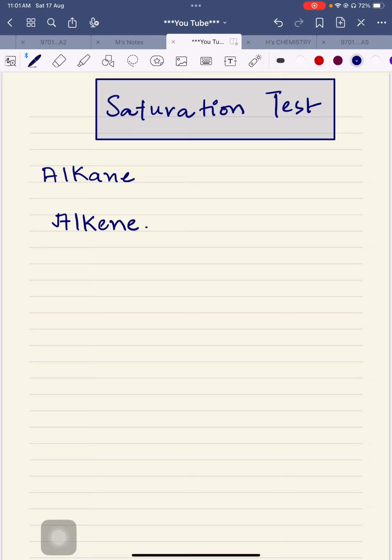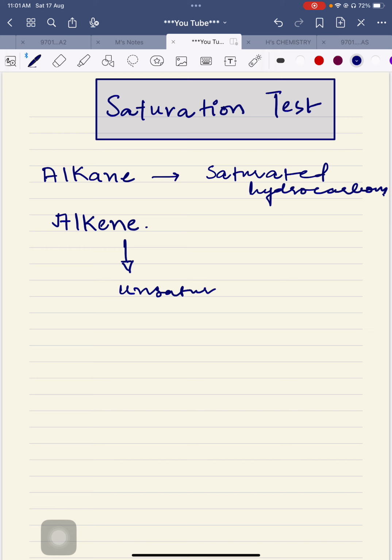Let me inform you before the details that alkanes are saturated hydrocarbons, whereas alkenes are called unsaturated hydrocarbons. All right.